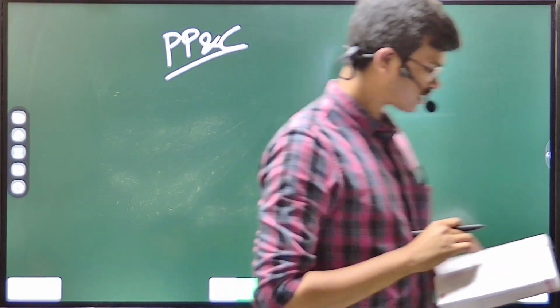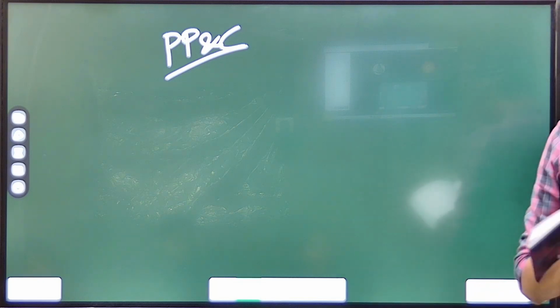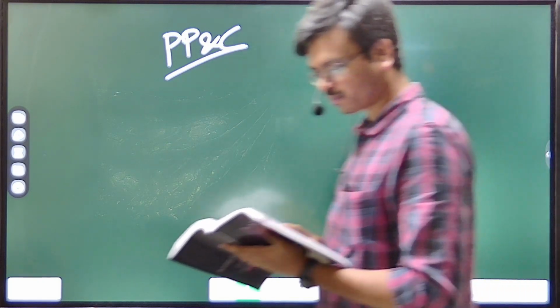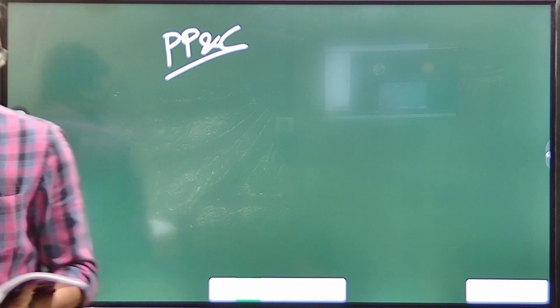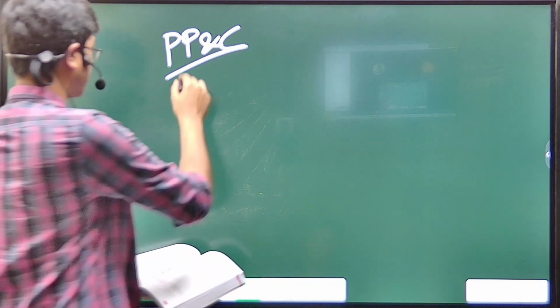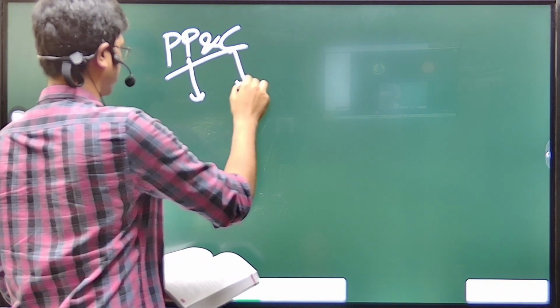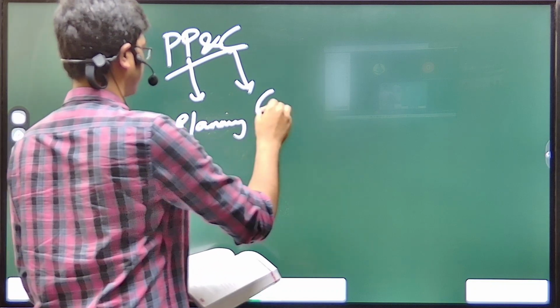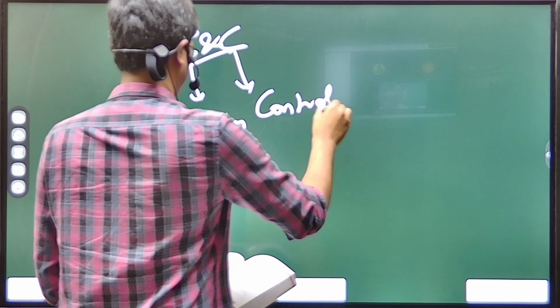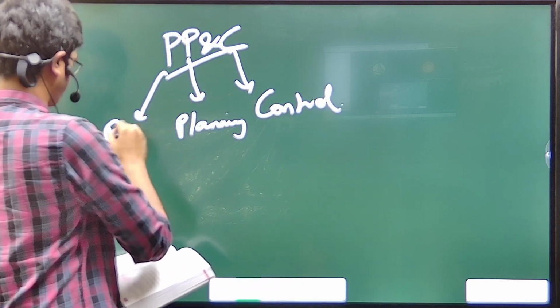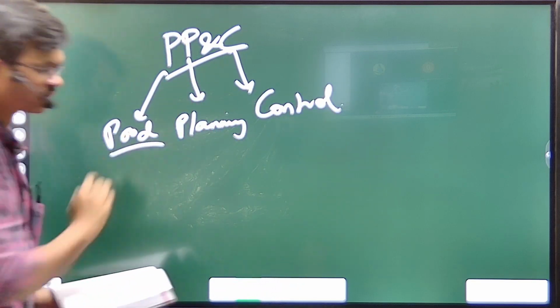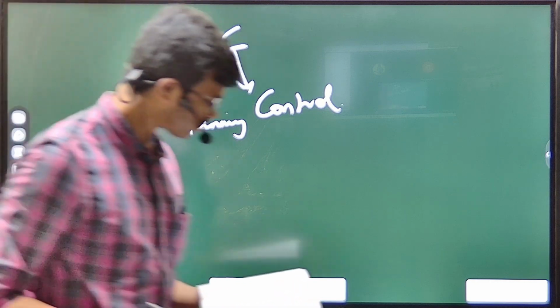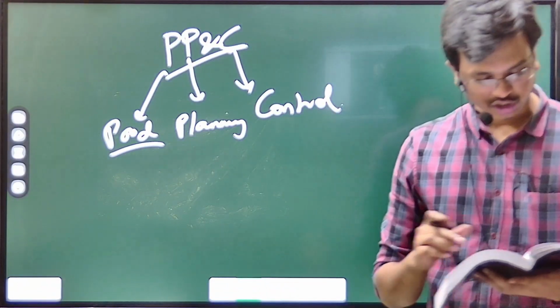Production planning and control. So what is production planning and control is, as the name says, it is the planning and control of production. It is the planning and control of production with an objective. Now what is the objective?